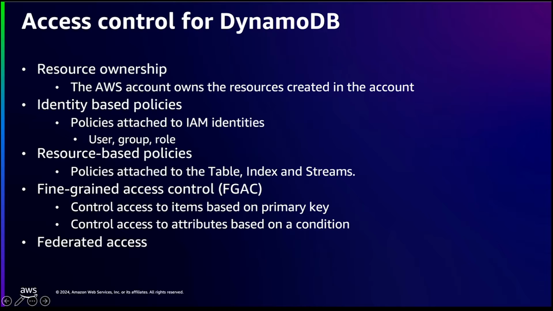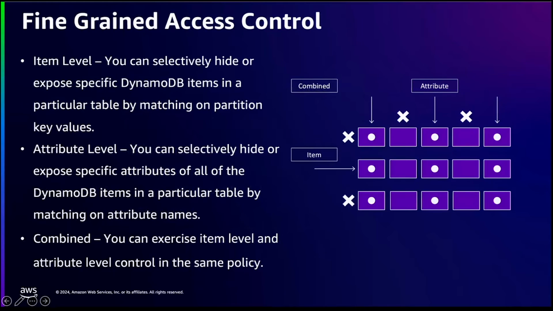With fine-grained access control, you can limit the access to a resource either by item level or attribute level. With items, you can selectively hide or expose specific DynamoDB items in a particular table by matching on the partition key values. On the attribute level, you can hide or expose specific attributes of all the DynamoDB items in a particular table by matching on attribute names.